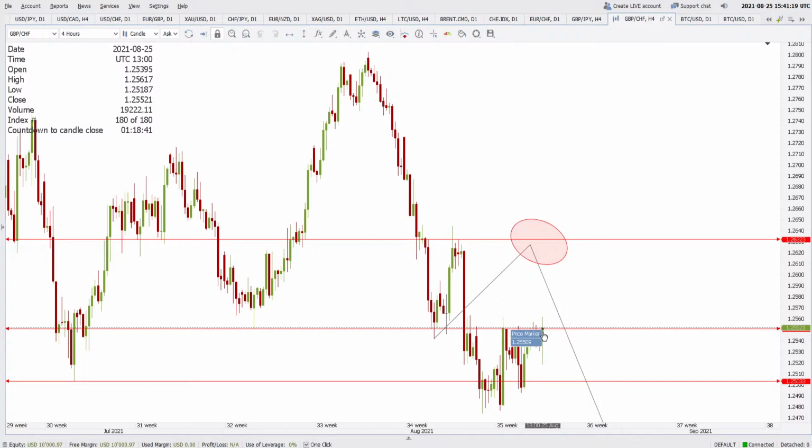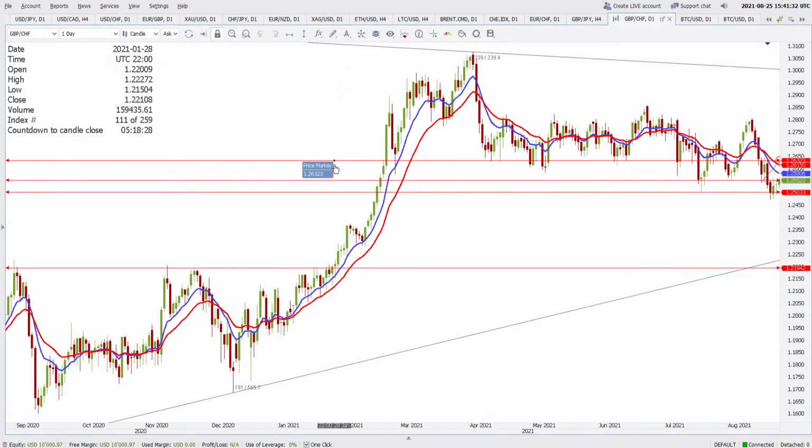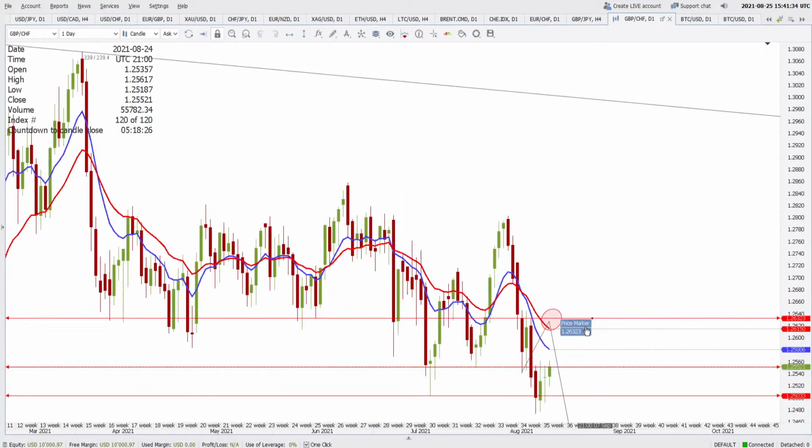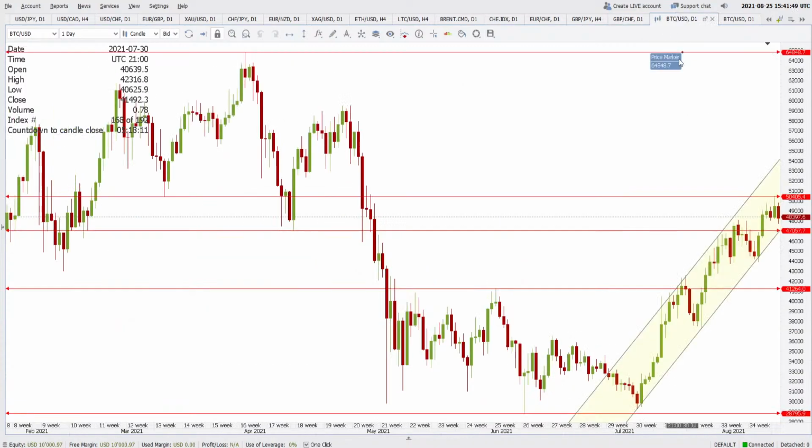But in case 1.2552 on a daily closing basis is broken and the price is able to close a day higher than this, then 1.2632 in GBPCHF will be exposed on the daily chart. So we need a closing above 1.2552 on the daily chart to see 1.2632 in this market. On the contrary, if the price fails to do so, then 1.2503 will be exposed to the downside.